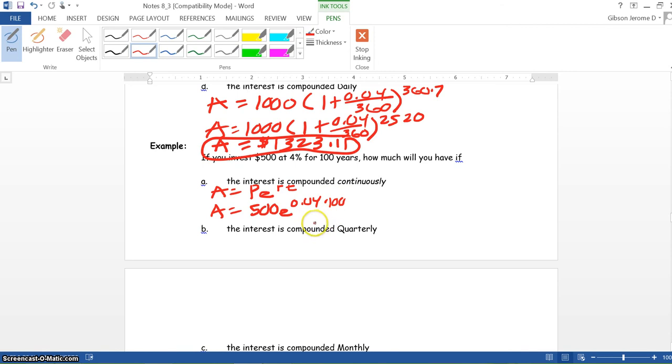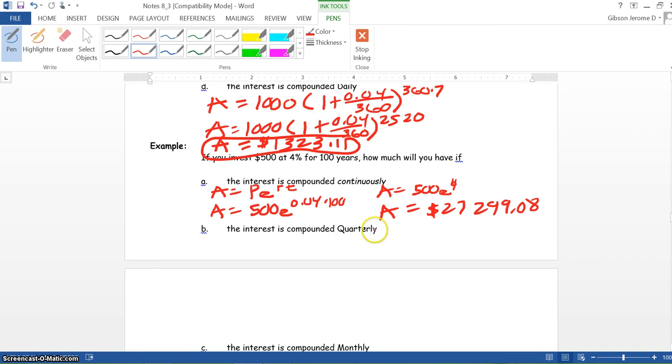So this will end up being A is equal to 500 e to the fourth power. So our final answer would be A is equal to $27,299.08. And that would be our final answer.